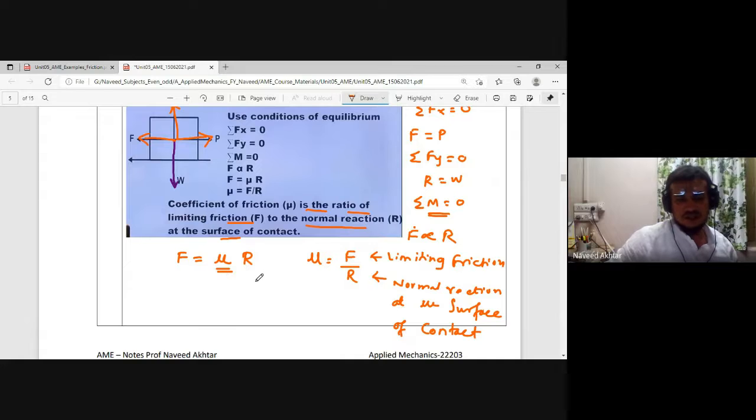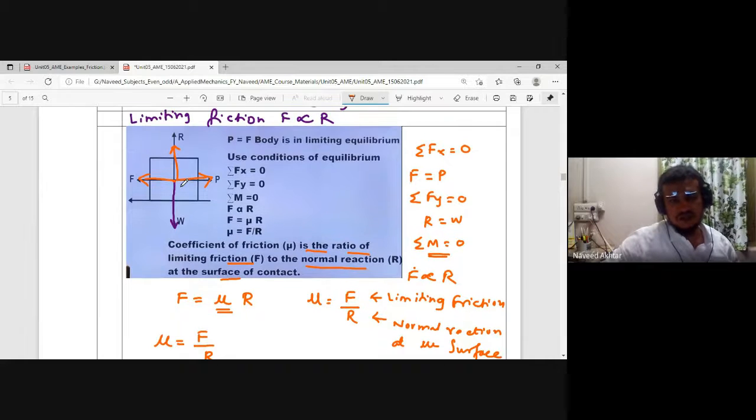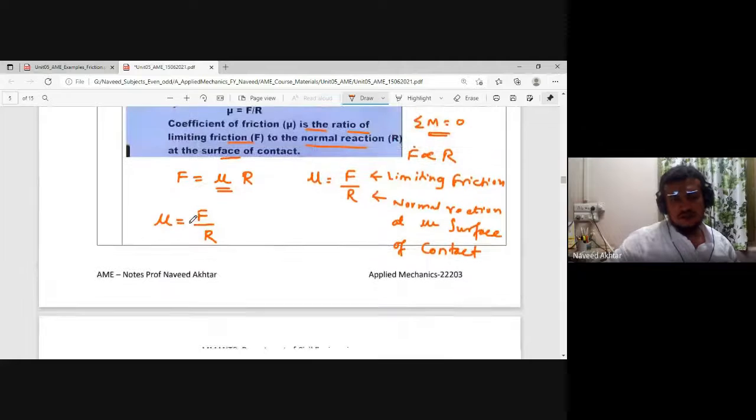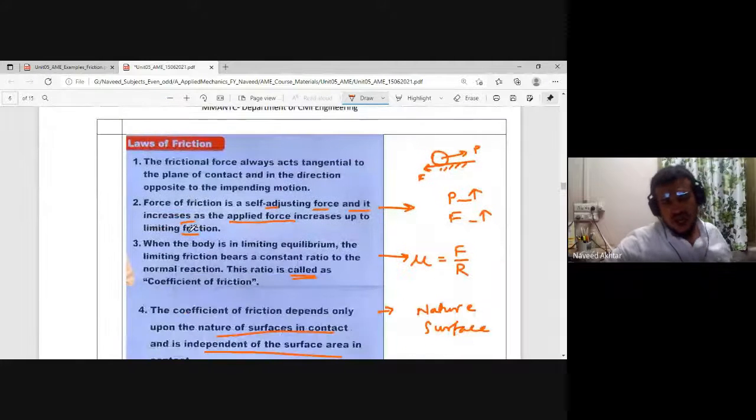It is nothing but the ratio of F upon R, that is the limiting friction force to the normal reaction, and you can see here this is the F and the normal reaction R. So that is the ratio mu, that is coefficient of friction.